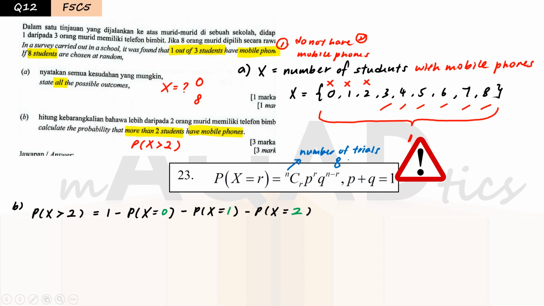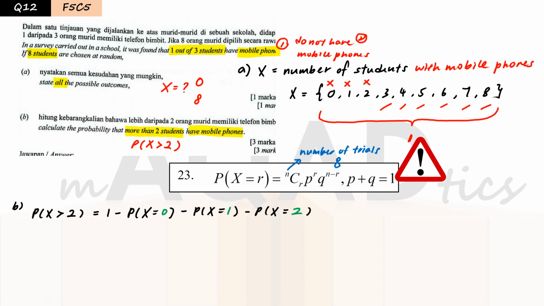But you may be asking, did we repeat the experiment 8 times? Yes, actually we did, because, let's say from the bunch of students here, we select the first student in our experiment. So this would be our first experiment or our first trial. Then we ask this first student, do you have a mobile phone or do you not have a mobile phone? Once the first student is done, we take out another student.